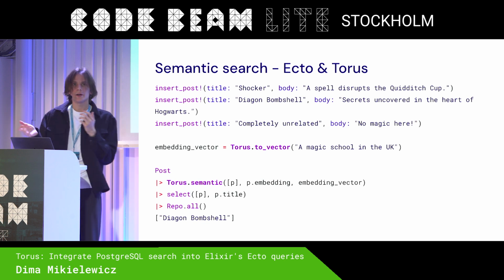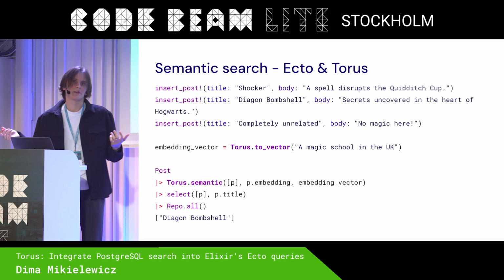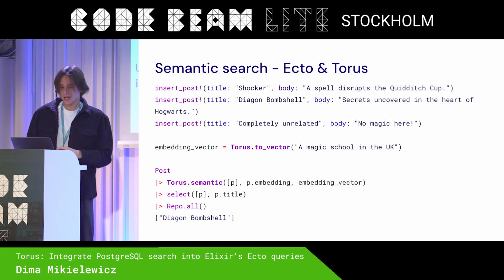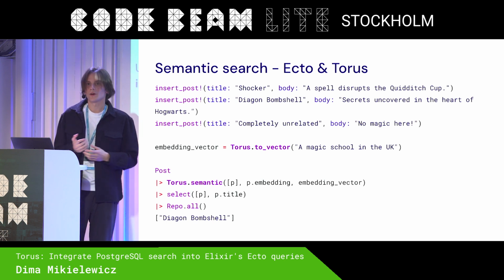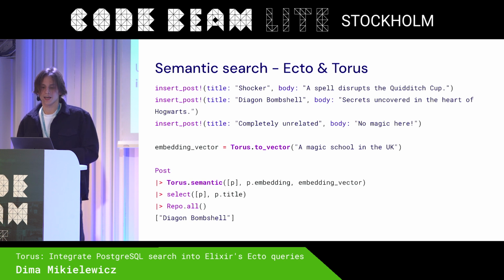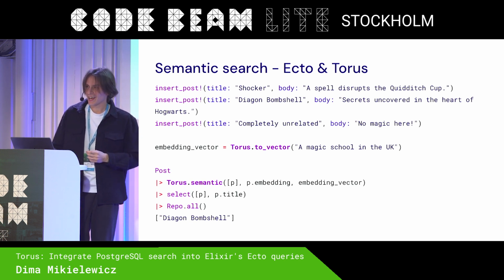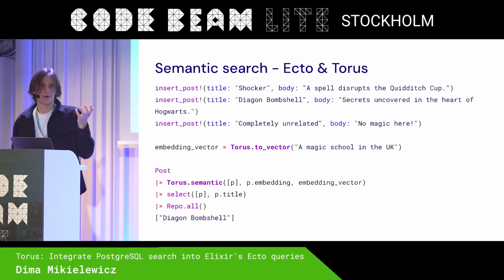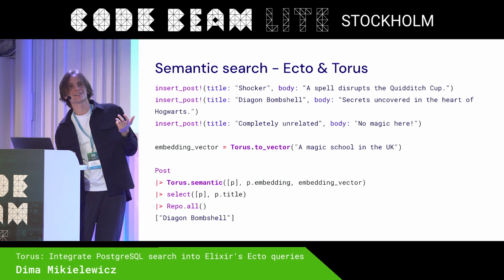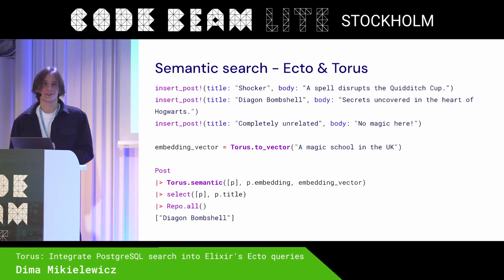And then you compare these two vectors together, and if they match, you return the result. We use semantic search when you need to understand the intent and handle synonyms. And as you might guess, Torus has actually not a single line of code, but two, sorry.